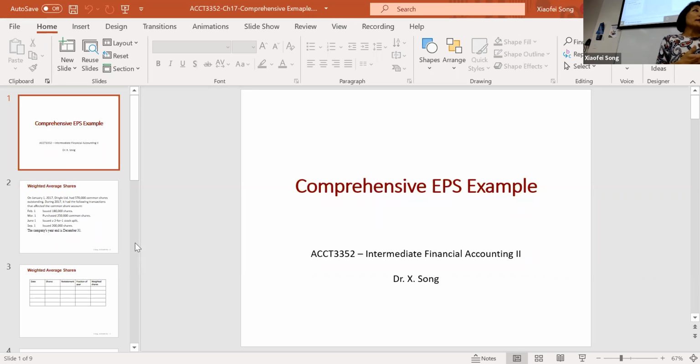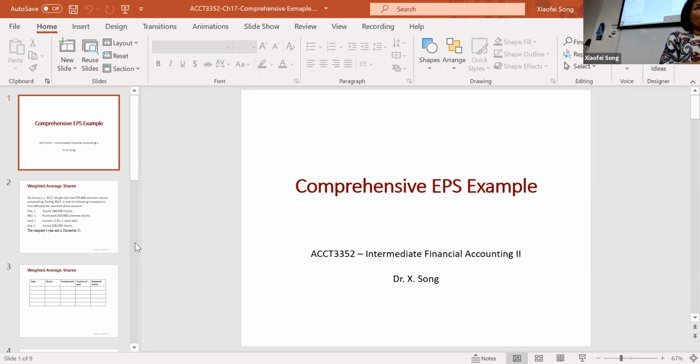For diluted earnings per share, when there is a complex capital structure, we need to analyze potentially dilutive securities. Two types of potentially dilutive securities: convertibles, and options and warrants. For convertibles, we use the if-converted method.